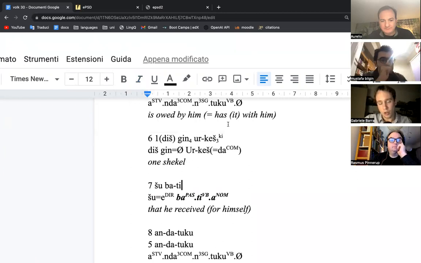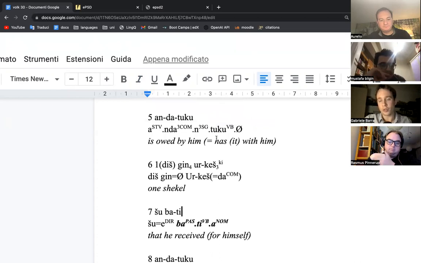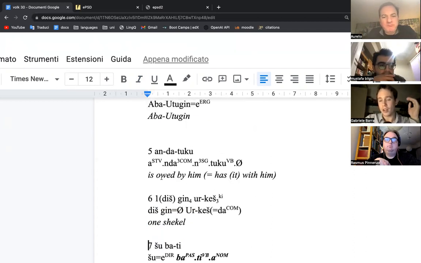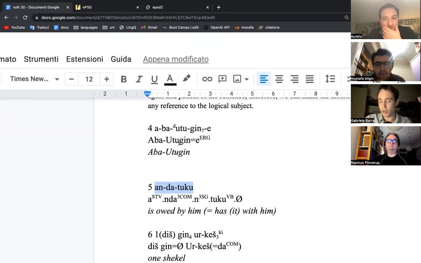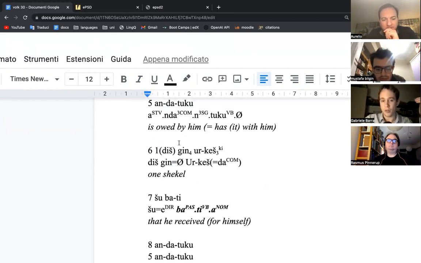Yeah, sometimes you get tricked because with time you get used to the idea that one line corresponds to one uniform piece of information sentence-wise. So you have whether just a verb or the object or the subject, and sometimes it's not really straightforward, because sometimes you have the object, so one shekel, and another logical component of the sentence, which goes in another case.